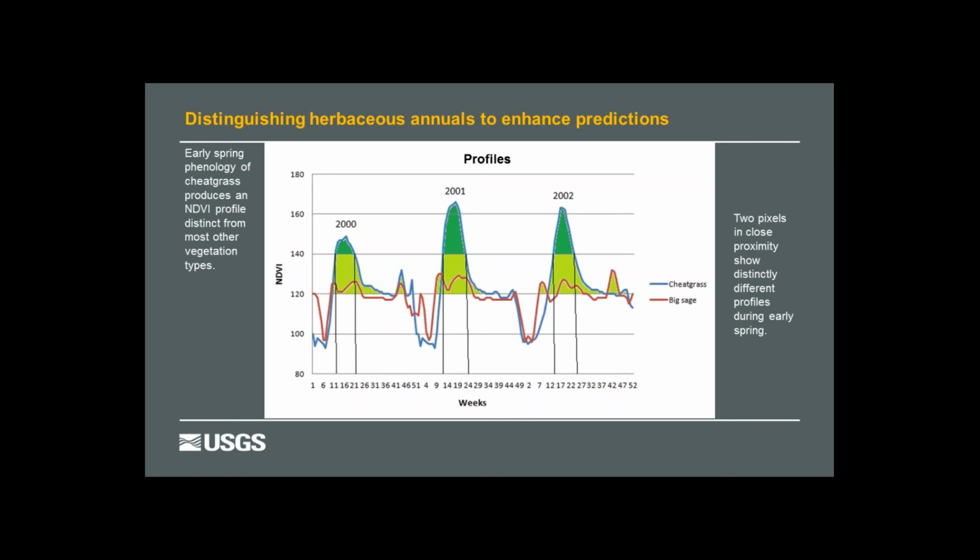In the early spring of the year, you can see a distinct separation between these two profiles, and that's where we intend to target our collection of the MODIS NDVI growing season data. That's where we average the data, and then that will separate the spring growing season NDVI for cheatgrass from other vegetation types.